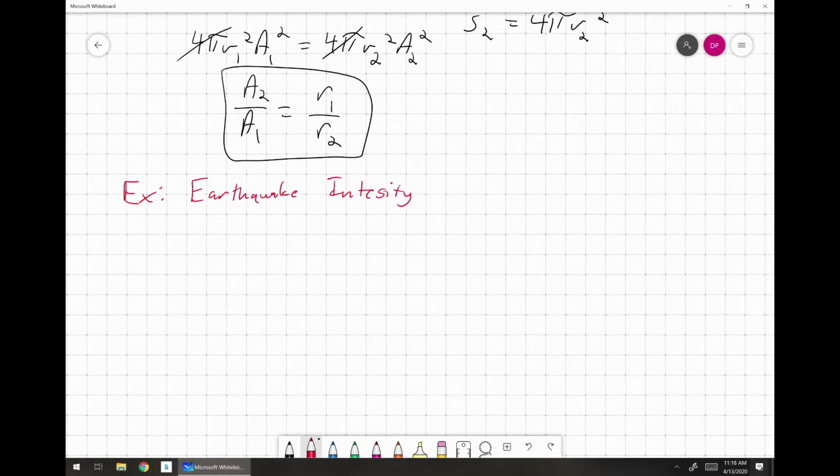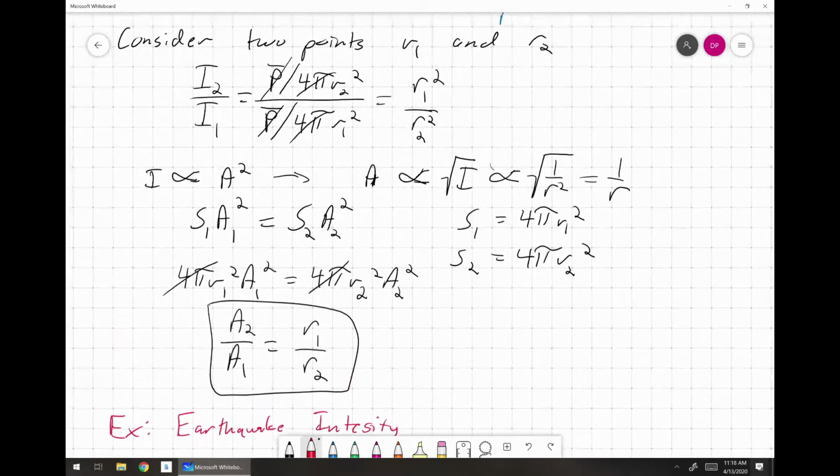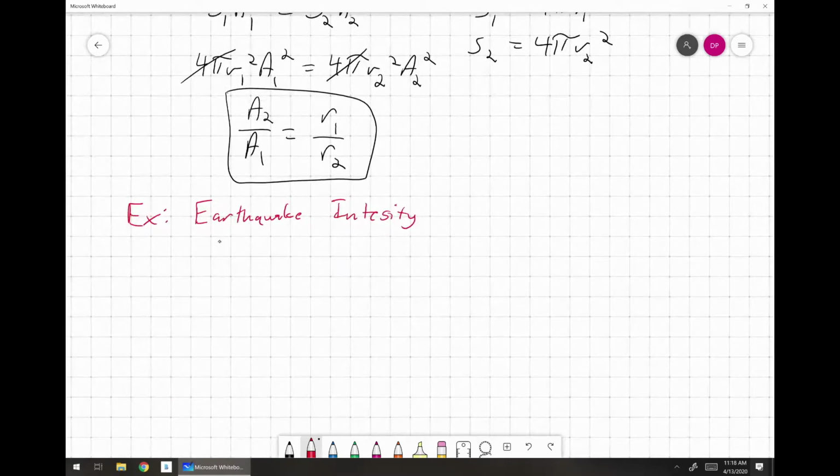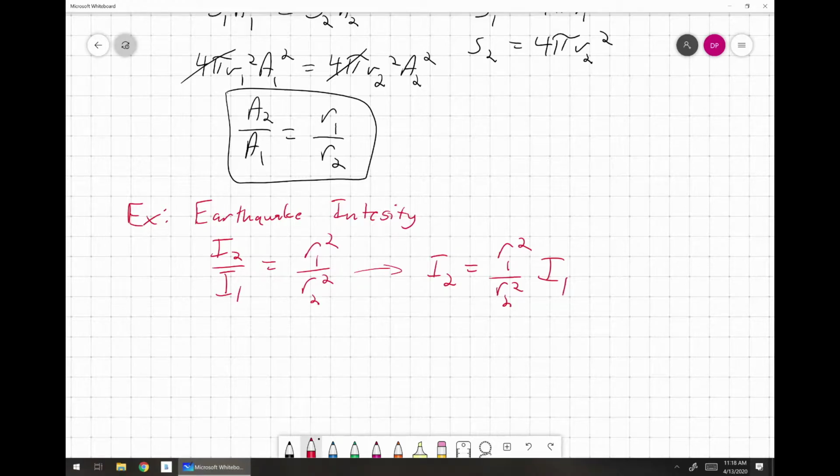We want to know what the intensity of the wave would be if it was detected 400 kilometers from the source. And that's where we're going to use our expression up here. We have that I2 over I1 is equal to R1 squared over R2 squared. What we want is to solve for I2, so I2 is R1 squared over R2 squared times I1.